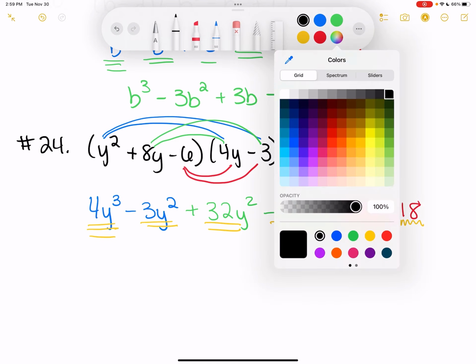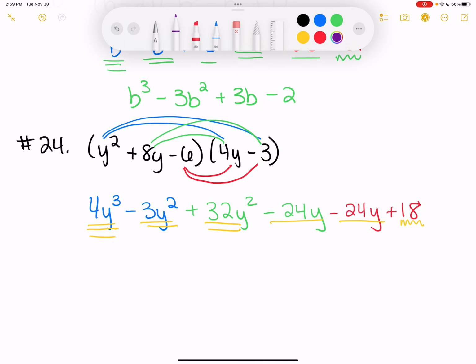So I get 4y cubed and then negative 3y squared plus 32y squared. What's 32 minus 3? 29. Plus 29y squared.